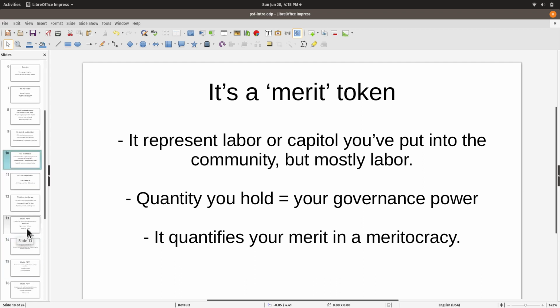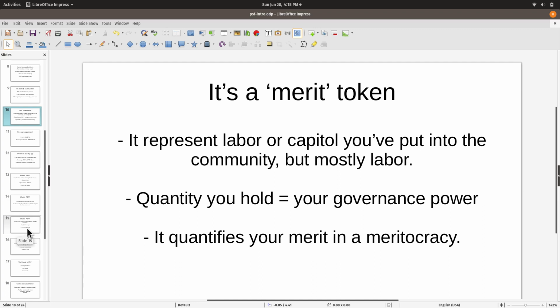But really, what I like to think of it as is a merit token. The token is intended to represent labor or capital that you have put into the community, but primarily labor. Very little will it represent capital. It's really a governance token.